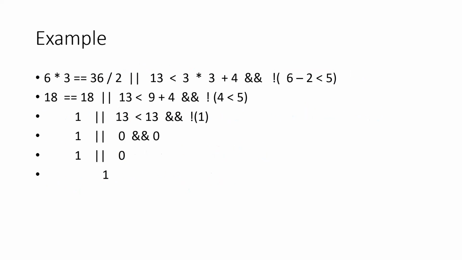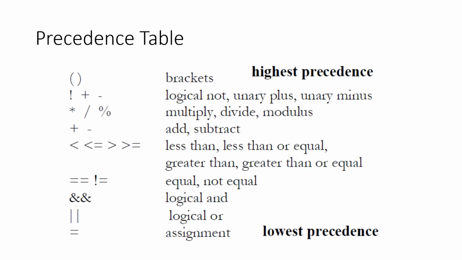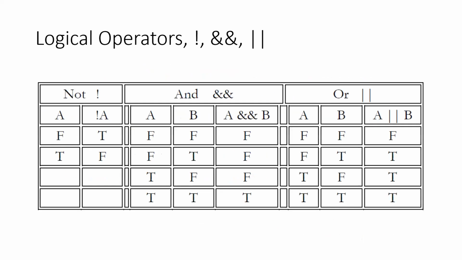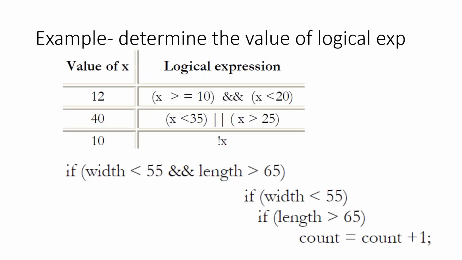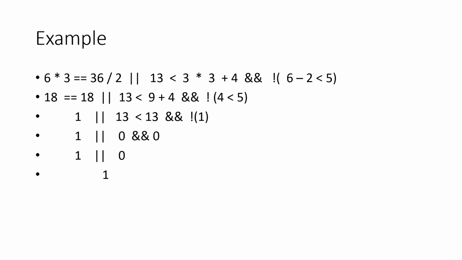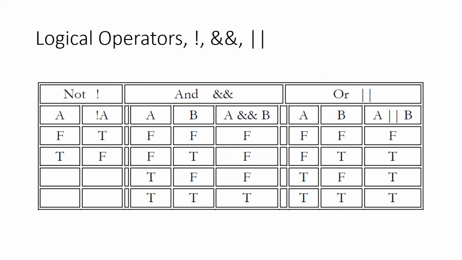Did I tell you what's the value for x and y? Let me see. I think we don't have it here. Oh, I didn't put the value of x and y. Is there anything previously?